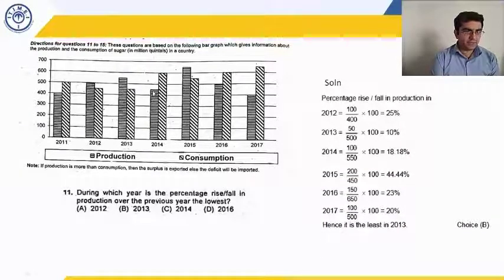2014 to 15, 450 goes to 650. I already know this cannot be the lowest because 450 to 650, the change is too large, that is 200. Then let's go to option number D directly because that's the only option left. So 15 to 16 is a drop of 650 to 500.